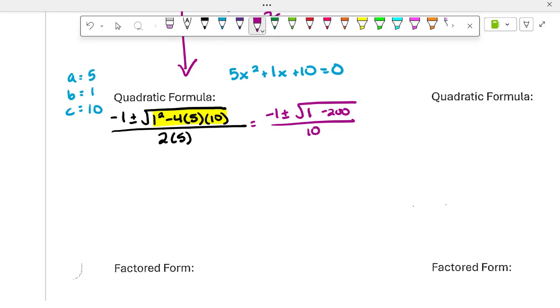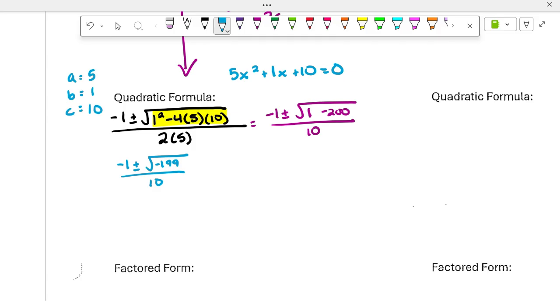Now, what is 1 minus 200? Negative 199. So this would be negative 1 plus or minus the square root of negative 199, all over 10.